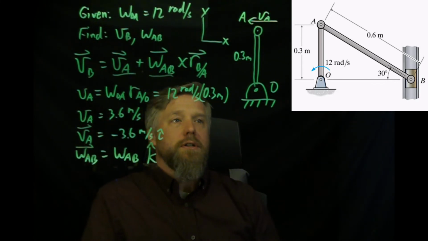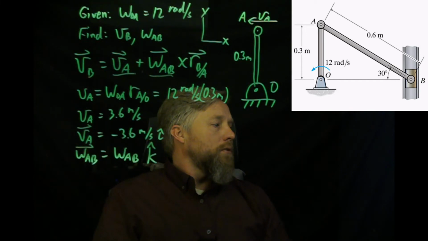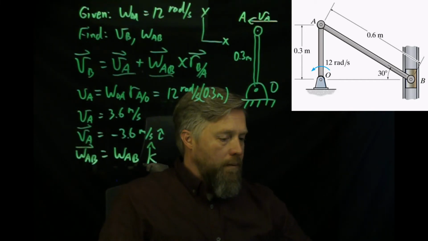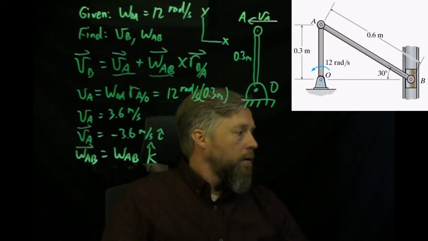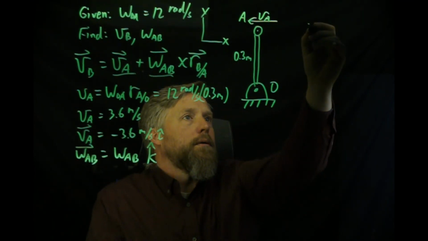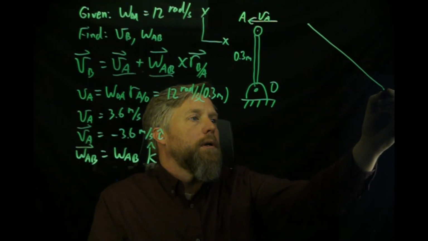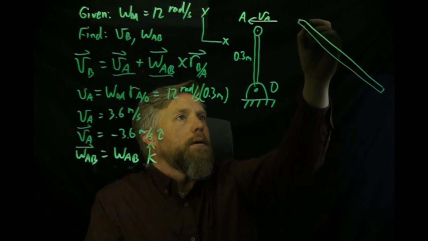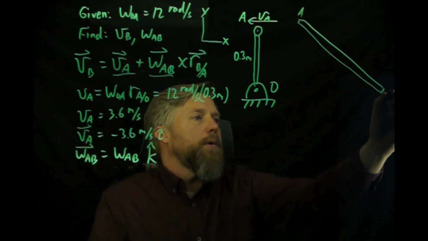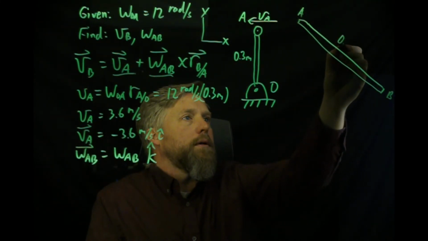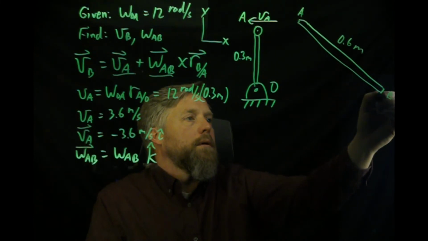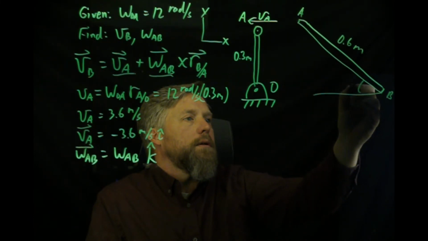And last one, the position of B with respect to A. I'm going to draw that second link. Let me just get rid of the picture here. This is A, this is B, this is 0.6 meters, and this is 30 degrees.